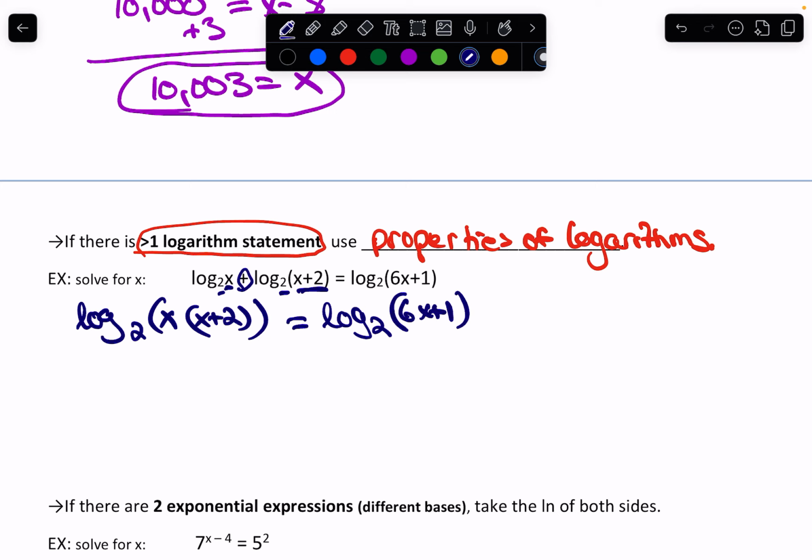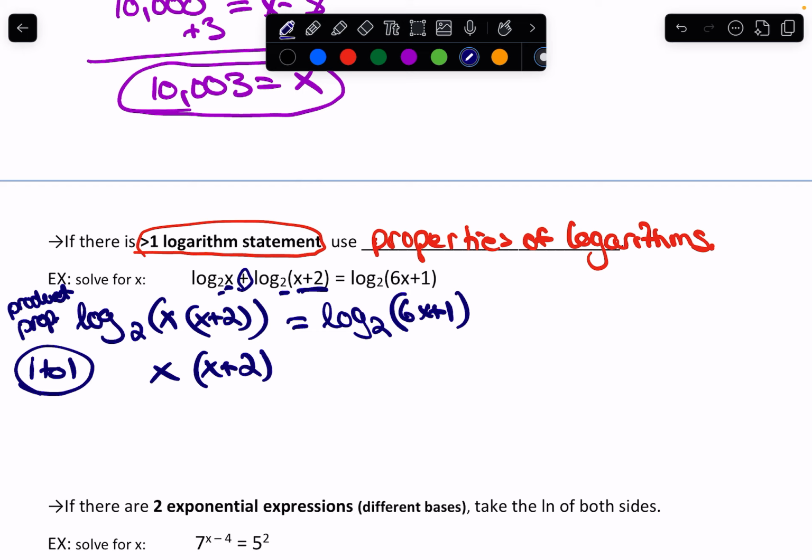Okay, now we used the product property right here. Next, we're going to use the one-to-one. So this was the product property. So with the one-to-one, we can just write it as x times x plus 2.